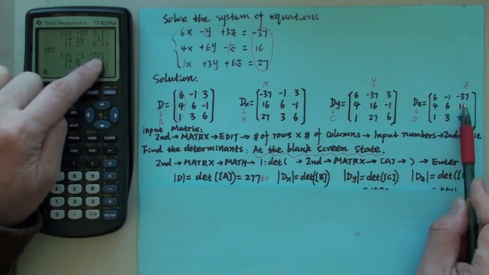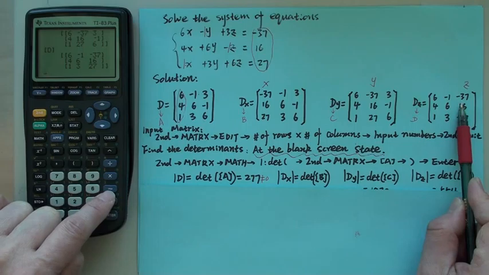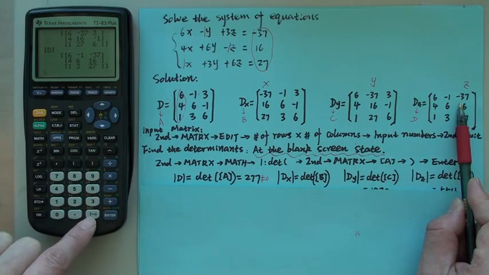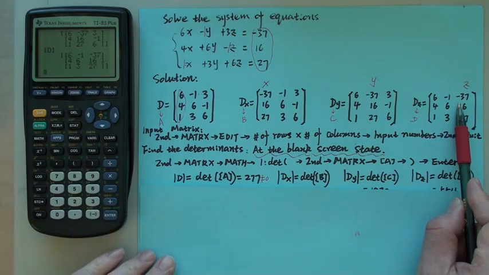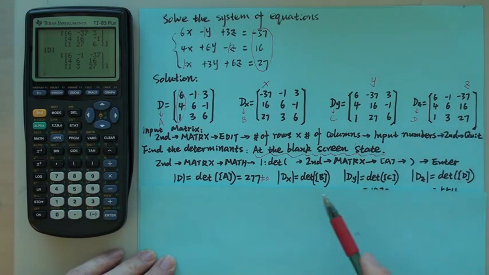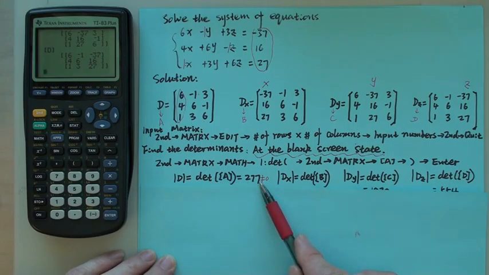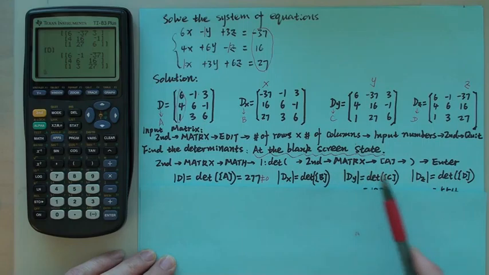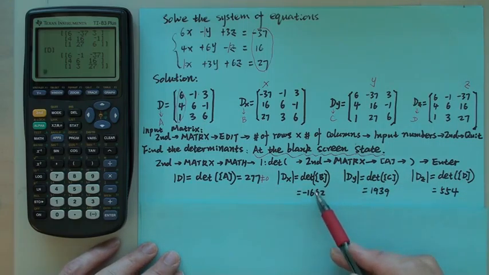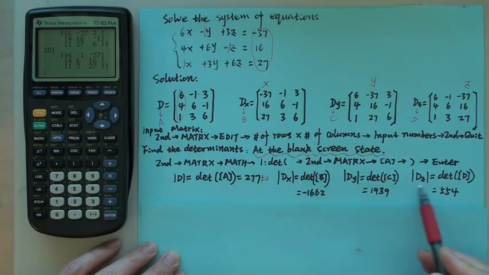Here, for negative 37, don't input the subtraction sign. This is the negative sign when you input. Be careful. So you see we have a determinant which is 277, and similarly we can find the determinants for D sub x, D sub y, and D sub z. They are all values.